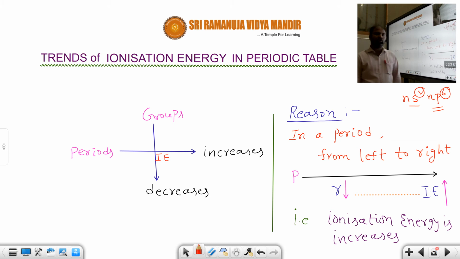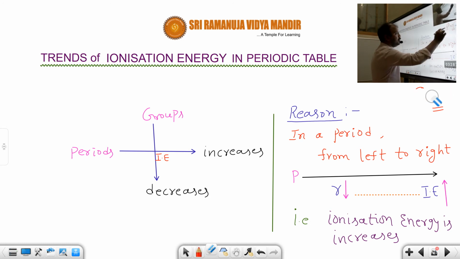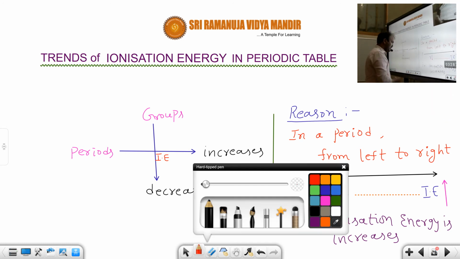That's why in the periodic table, noble gases have exceptionally high ionization potential values, like neon, argon, krypton, xenon, radon. Anyhow, you know that half-filled and fully filled structures are more stable, that's why they have more ionization potential.